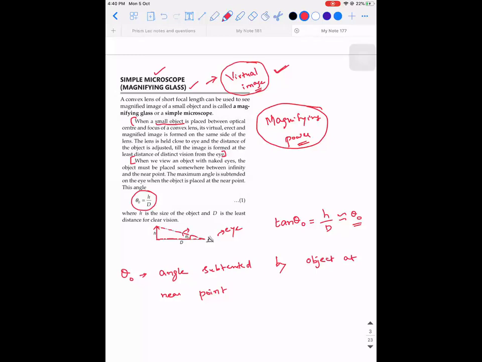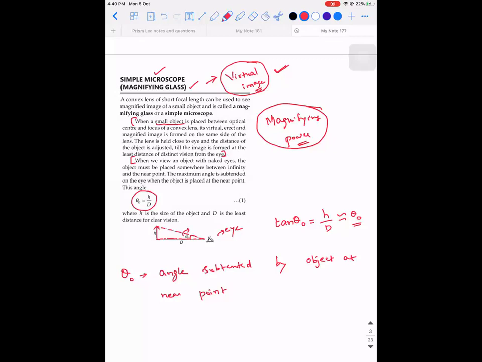You can get a question like this, right? It's a natural question. If we need a virtual image, why do we need to go for convex? Convex is going to form real images, no? That's what it's mainly used for. But if I want virtual, I could have gone for a concave lens itself. Why didn't we go?